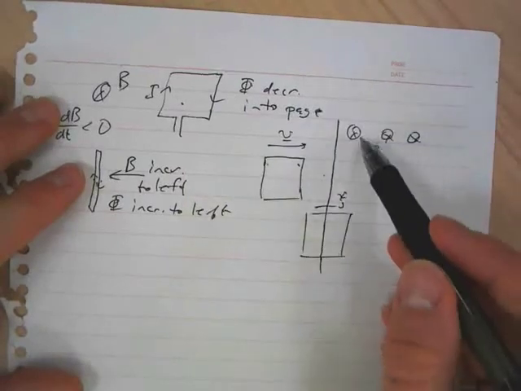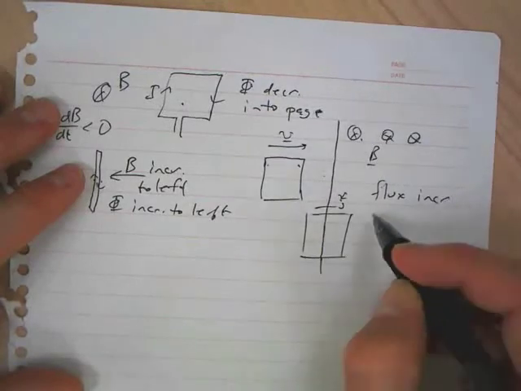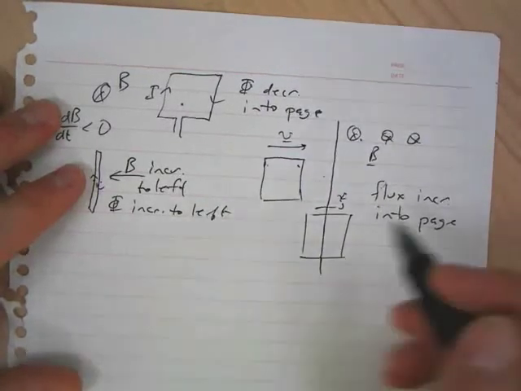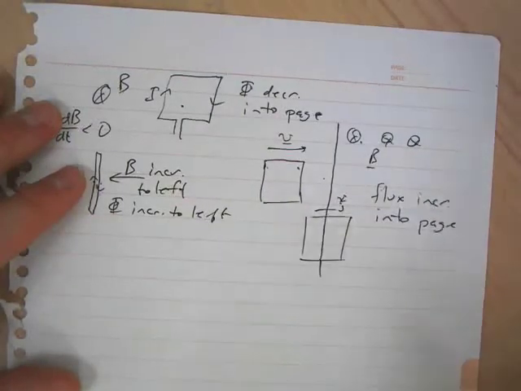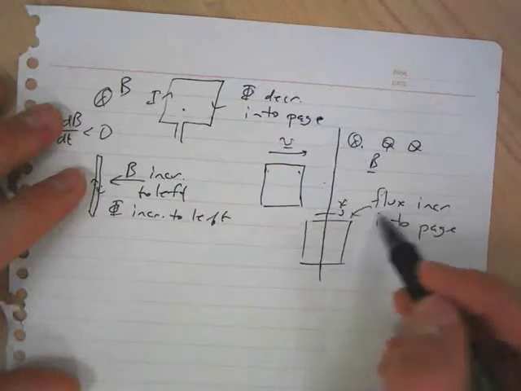So that means the flux will be increasing in the direction going into the page, up until the whole loop is inside the B field.